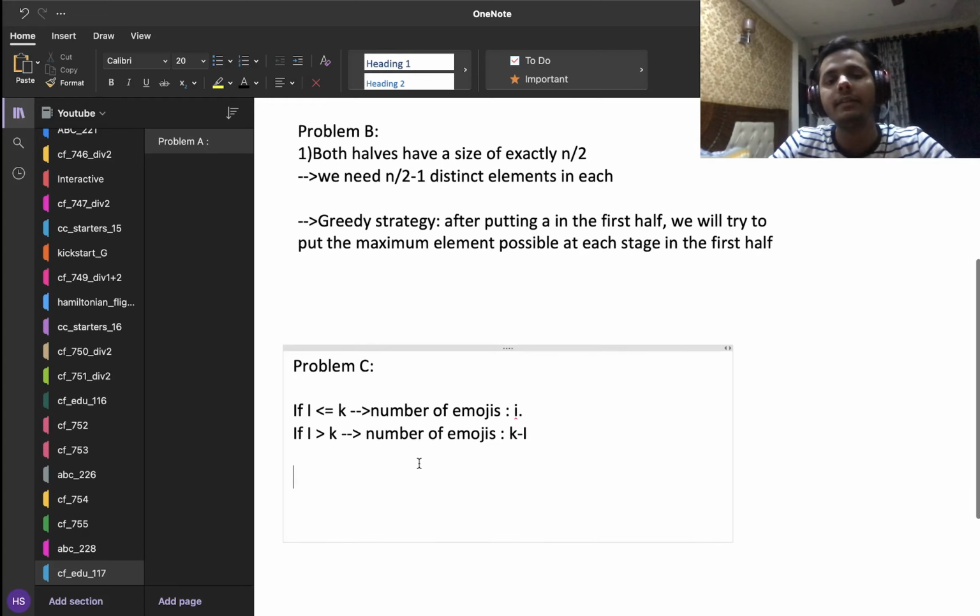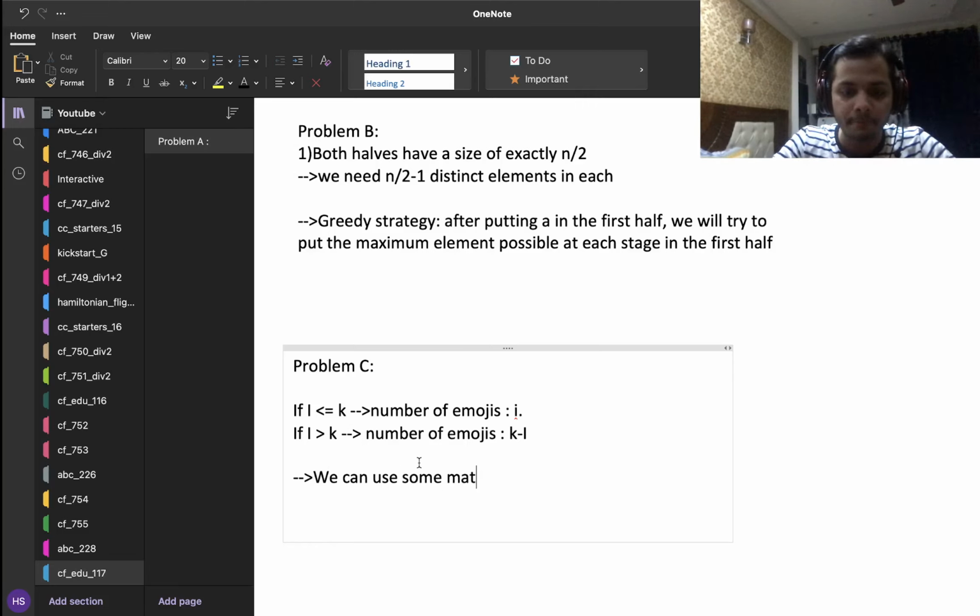So what we can notice from here is that we can use some mathematical formulae to find out the total number of emojis in lines from 1 to i.